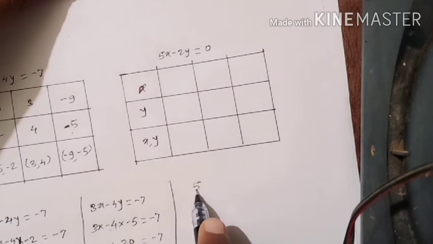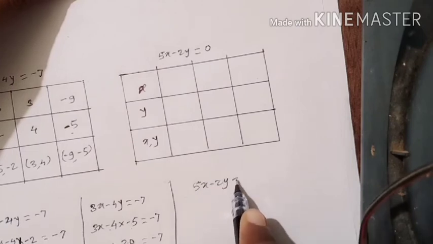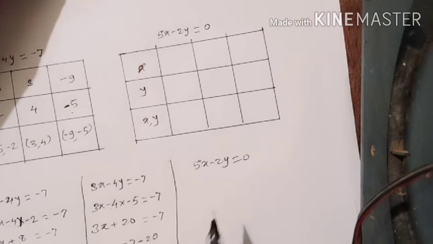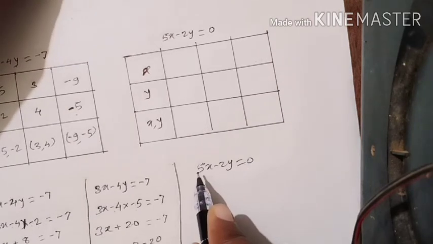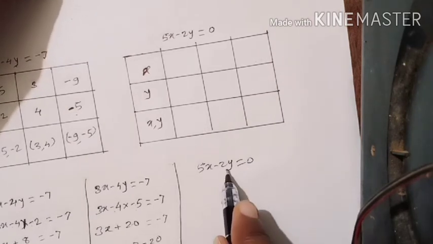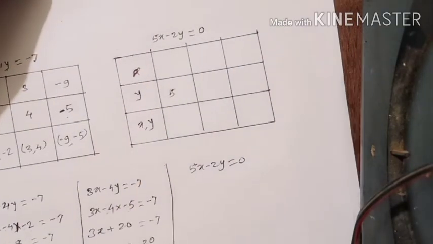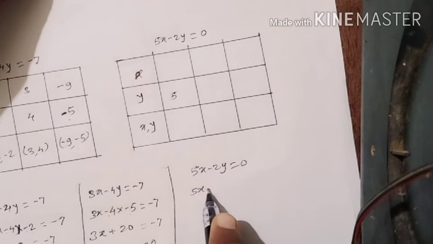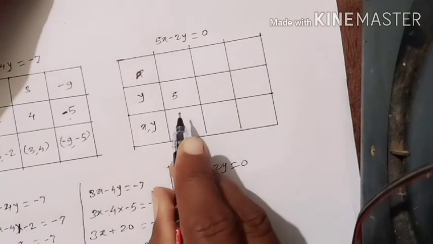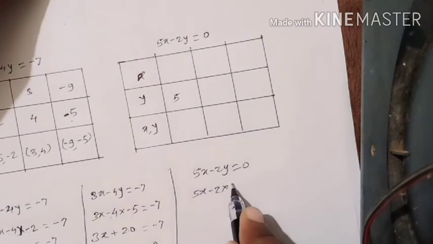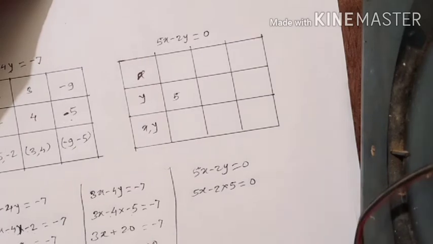See here, 5x minus 2y is equal to 0, and I will put the value of y as 5. Then very simple, 5x minus 2 into 5 is equal to 0.